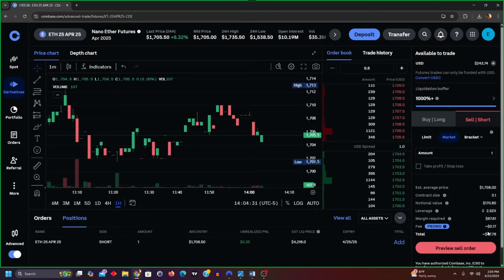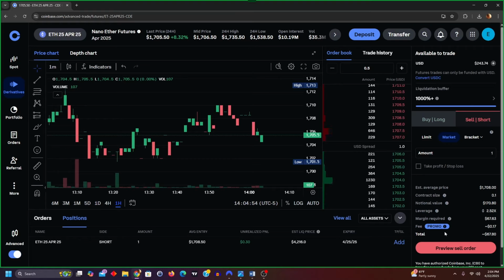There's no overnight margin maintenance costs. You're just holding the contract at whatever you bought it for. And you can see the leverage. The leverage varies. So on the long side right now it's 3.6x, and on the short side it's 2.52.